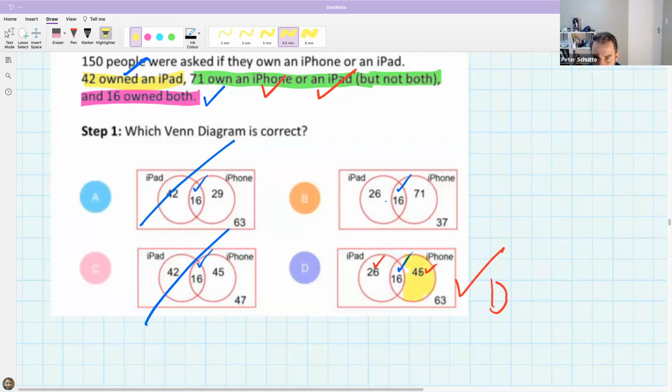Because there's 45 people who own an iPhone, but there's another 16 who own an iPhone and an iPad, but we're ignoring them. Then there are 26 people who own an iPad, but they don't own an iPhone. And I know that 26 and 45 together will give me 71, which is what the question said. Does that make sense? Yes. Thank you. Pleasure.